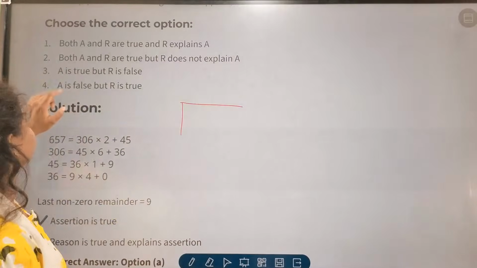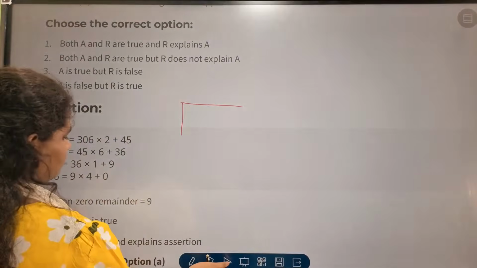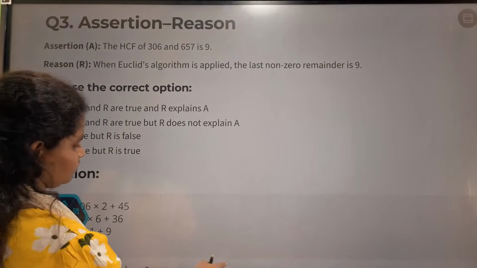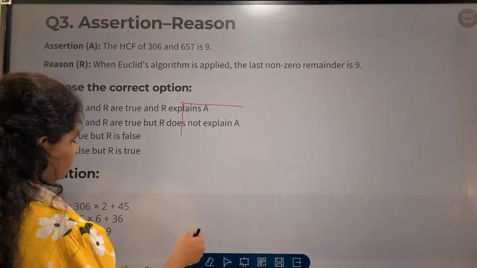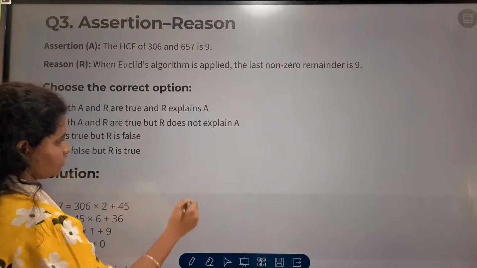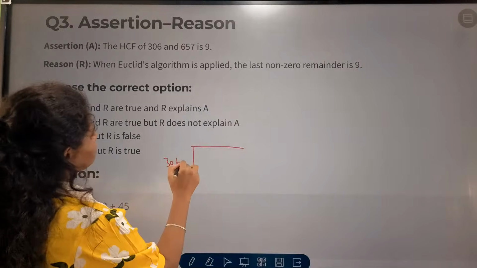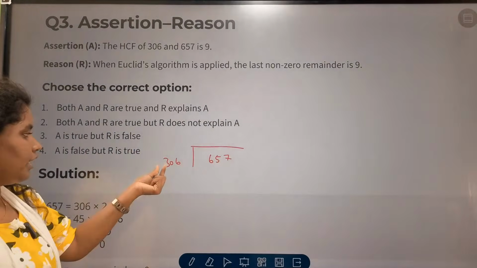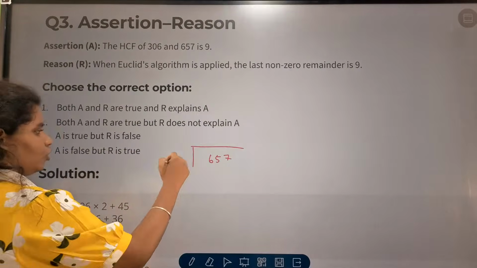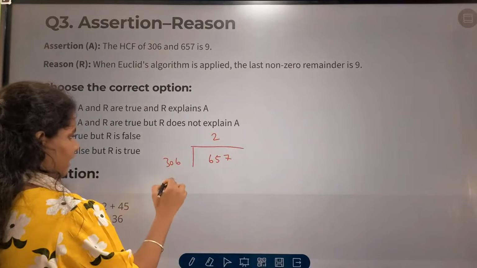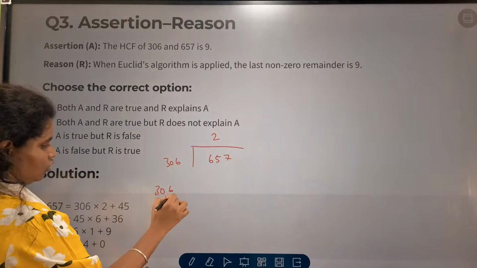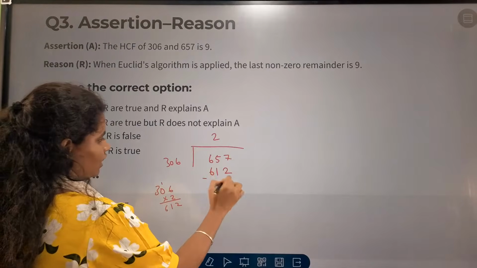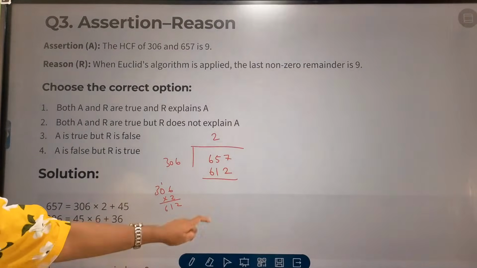If I put the question, 306 into 657, right? So I'm going to divide this. 306, if I multiply 2 times, we'll get 612, and I'm going to subtract.